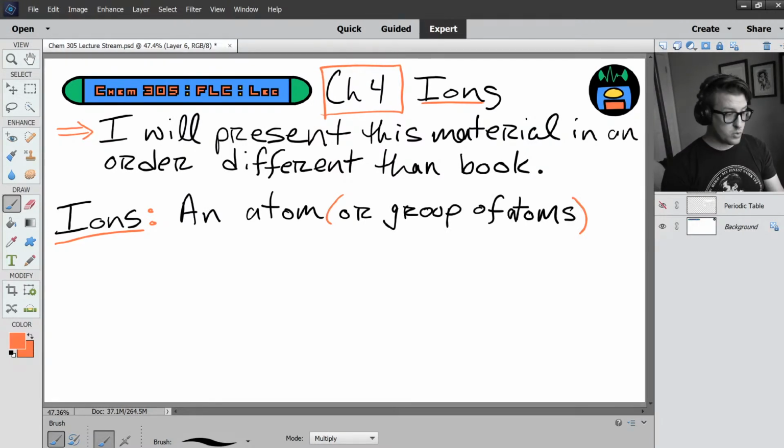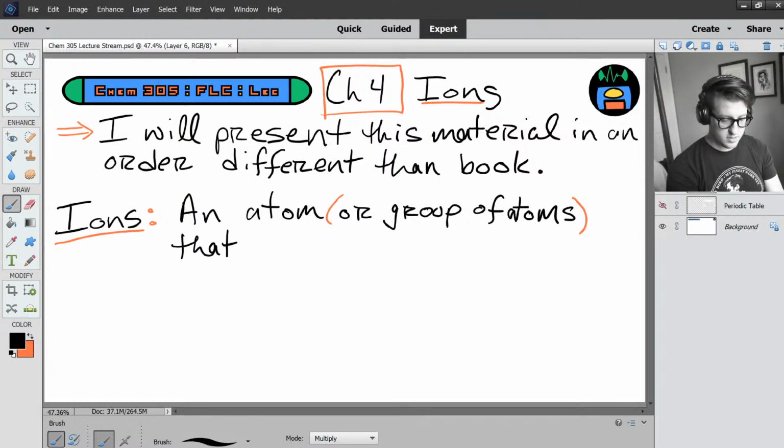So it's an atom or group of atoms that has a net charge.